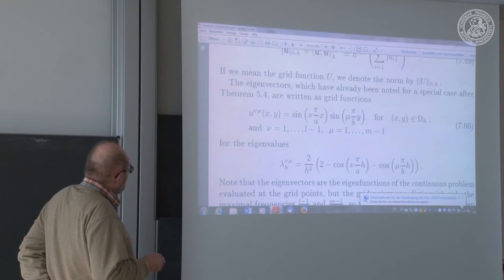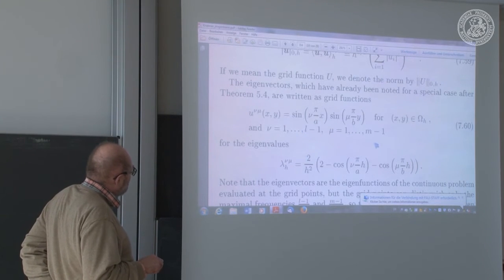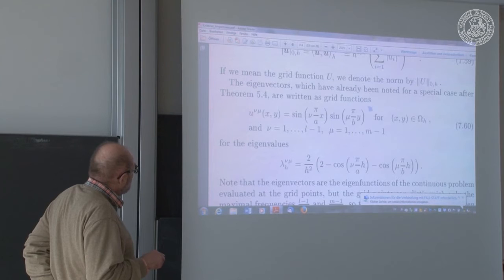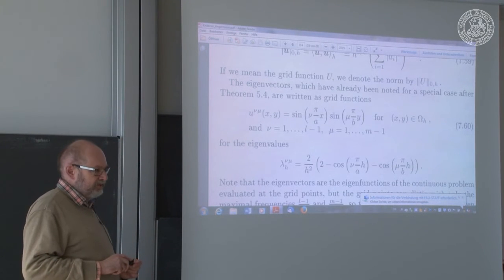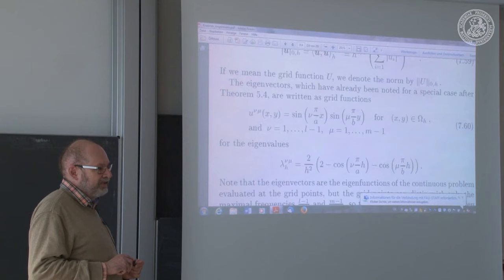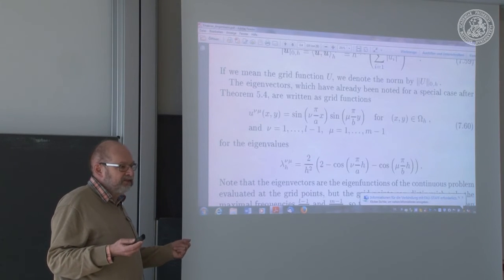Okay, but now of course, as our dimension is (L minus 1) times (M minus 1), this is exactly also the number of eigenfunctions which we have here in a basis. It's not infinitely many as in the continuous case.